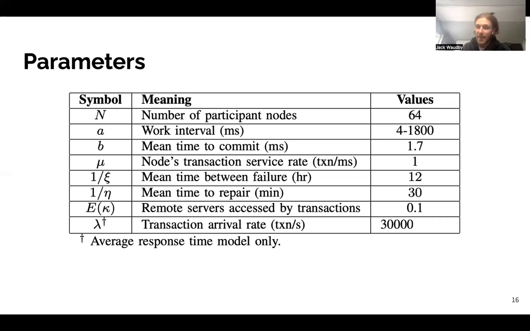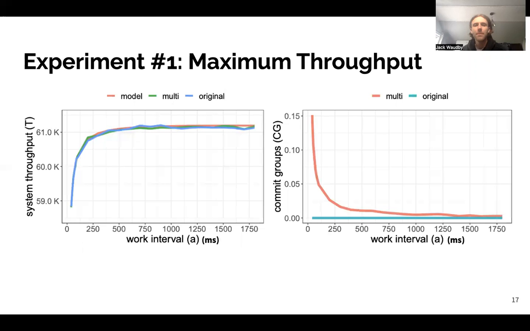We assumed that around 10% of transactions were distributed and that we had an arrival rate of around 30,000 transactions per second. This is the arrival rate of distributed transactions per second. And these are all taken from representative sources in the literature, so go check out the paper and you can see where we've pulled these values from.